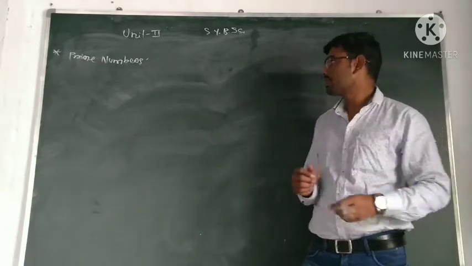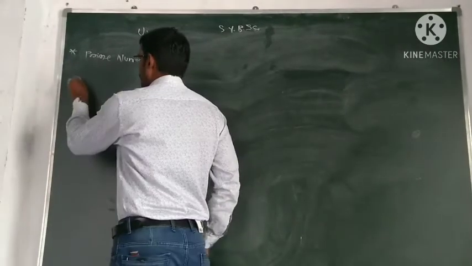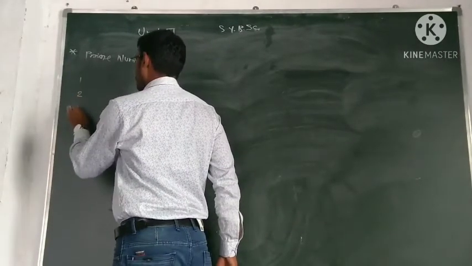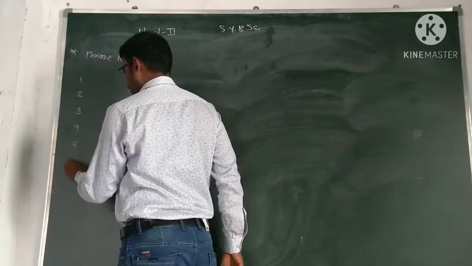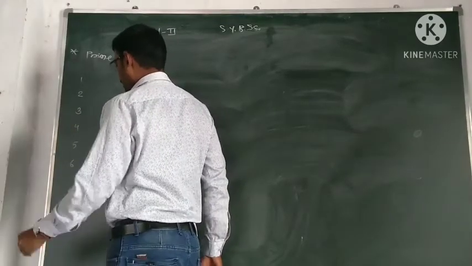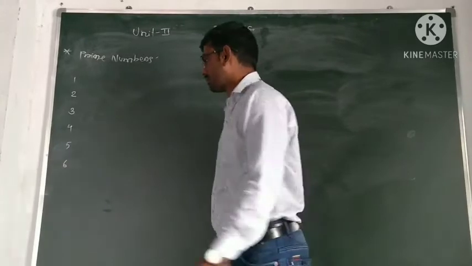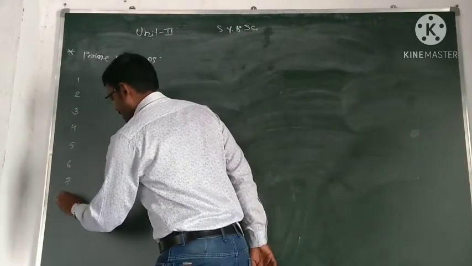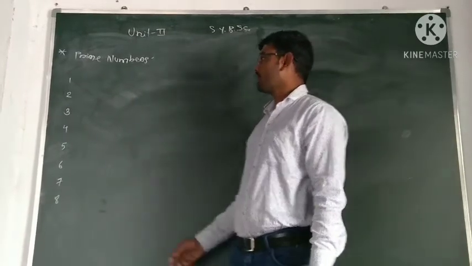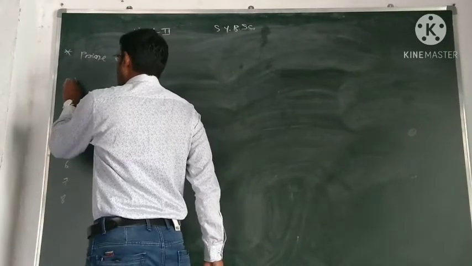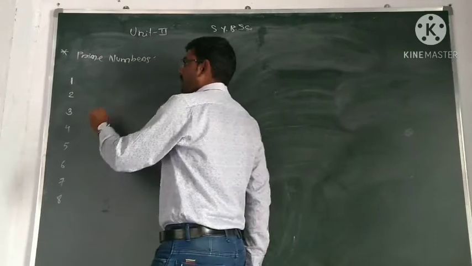First, the numbers 1, 2, 3, 4, 5, 6, 7, 8. What are the divisors of 1?